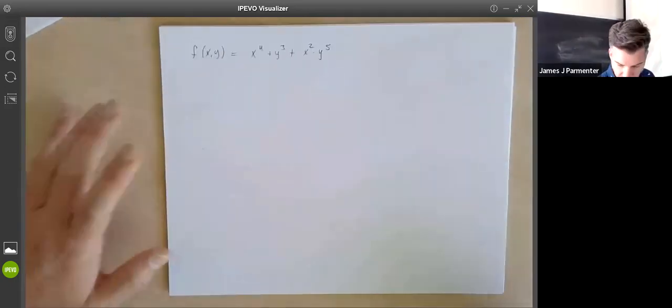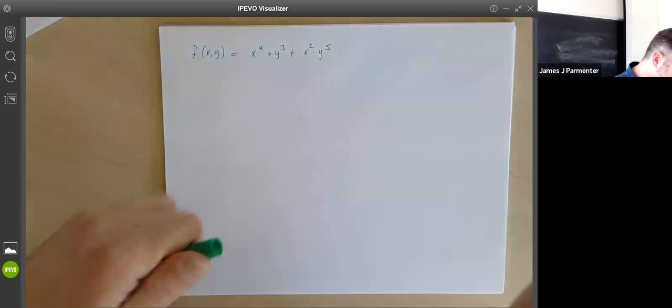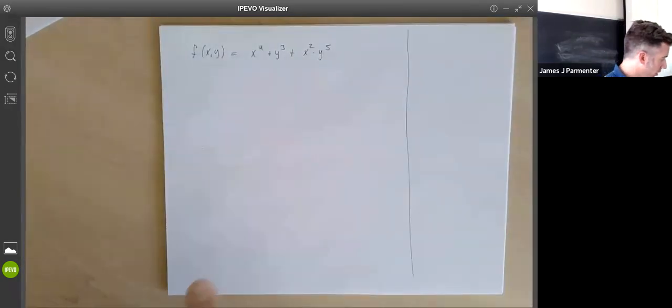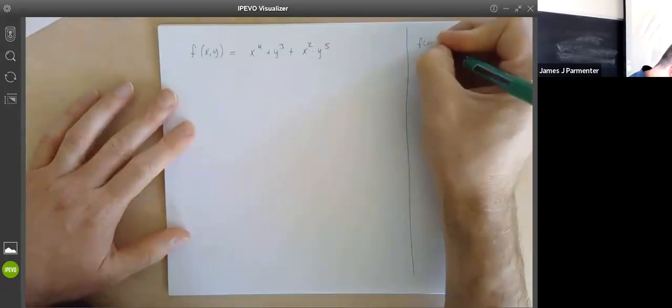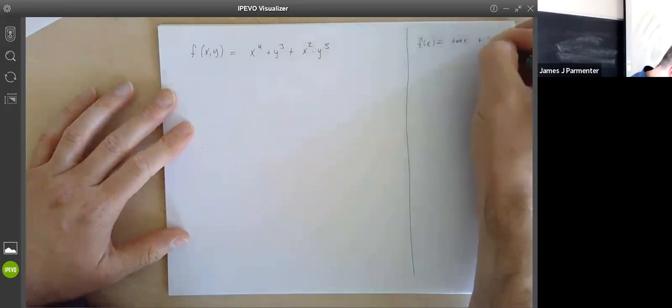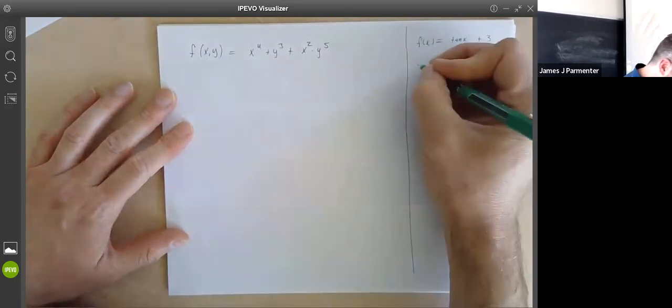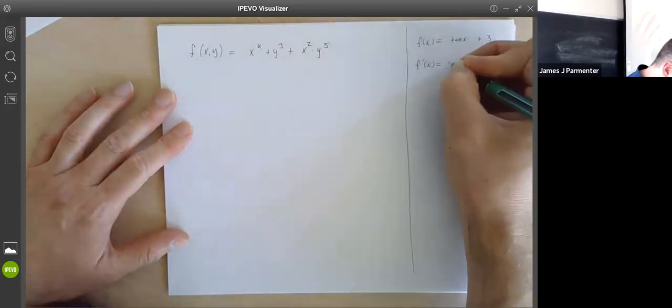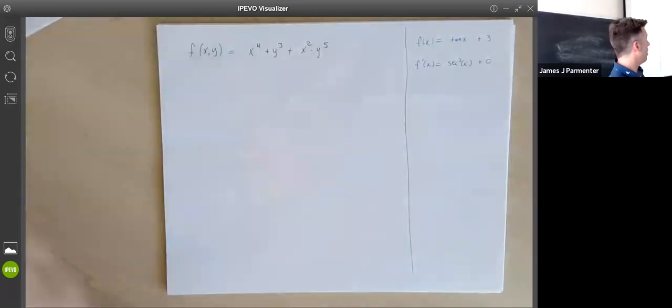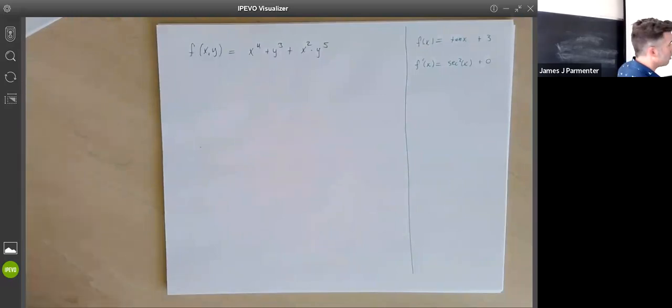Just as a reminder, before we get going on this one, how constants work. If my function were tangent of x plus 3, the derivative would be secant squared of x plus 0, because constants on their own have derivative 0.